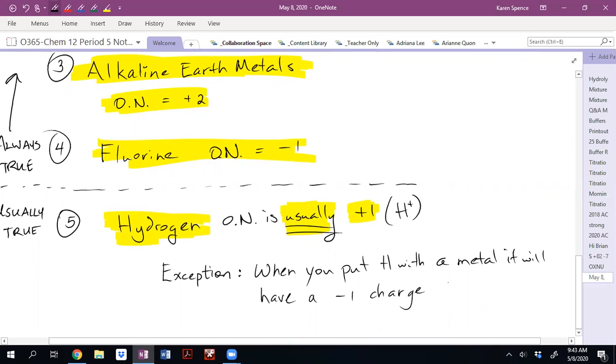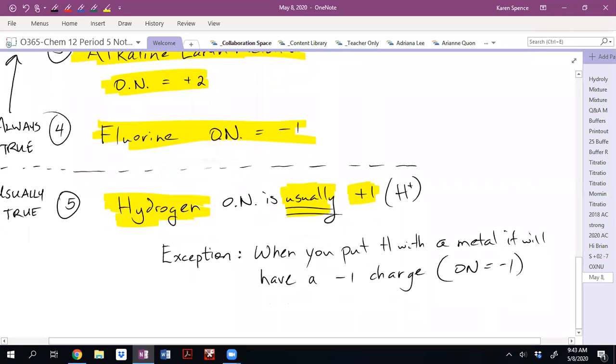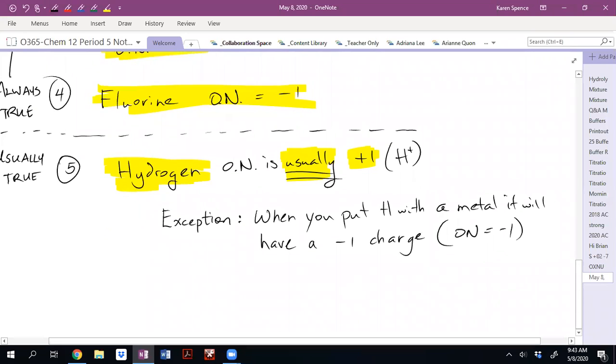In other words, it'll have an oxidation number equal to -1. We call compounds that have hydrogen like that hydrides, because the name of the H- ion is the hydride ion, because of course when we have a negative ion, its ending becomes "ide." So for example, we might have sodium hydride, NaH, or calcium hydride, CaH2.